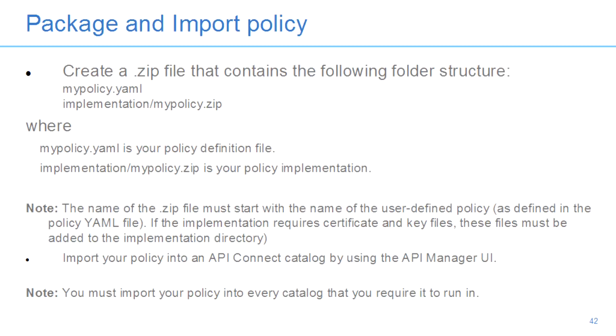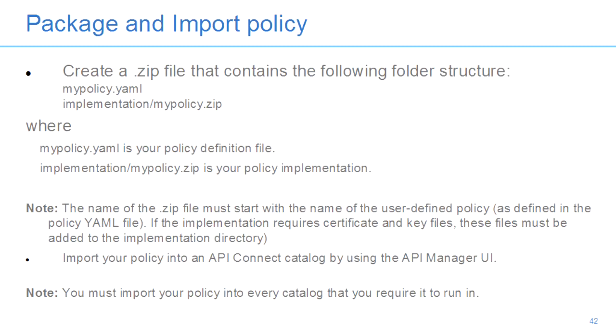So the zip you've created, you need to create a zip file that contains the following folder structure. So you have your policy YAML file, and then the zip file that you actually exported from DataPower containing all of your XSLTs and your configuration there needs to go into the implementation directory within the zip file, and then all of that is packaged up into a zip, and that's what's loaded into your API Connect catalog.